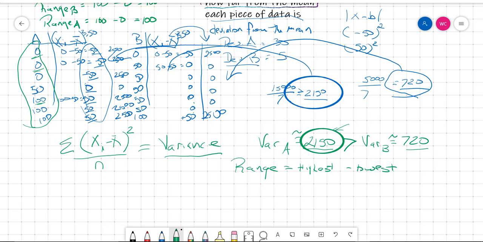So finally, if we want to bring it down to numbers that are relatively close to the original data set, we can take the square root of the variance. So the square root of the variance of A, or of B, or whatever. So what's the square root of this?